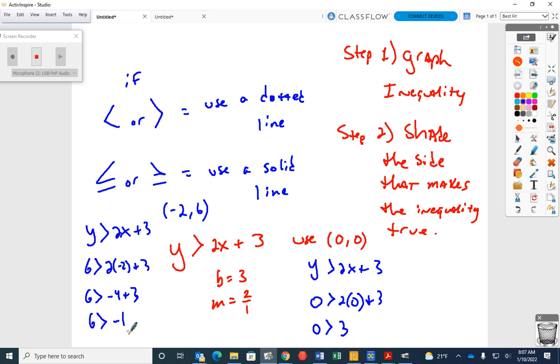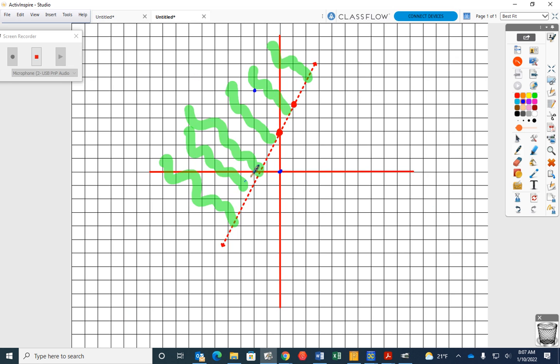Is that true? Yes, it is. Anything that I pick in this shaded region is going to be true. Anything that I pick over here is not going to be true. So you shade the side that's true. Does that make sense? It's kind of complicated, but does that make sense what we did? Yeah? Let's try another one.